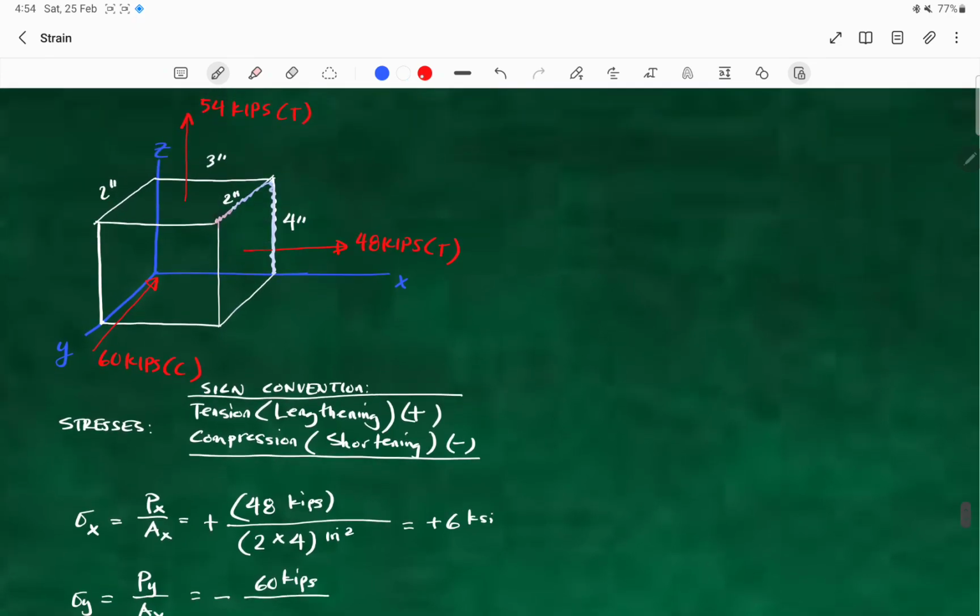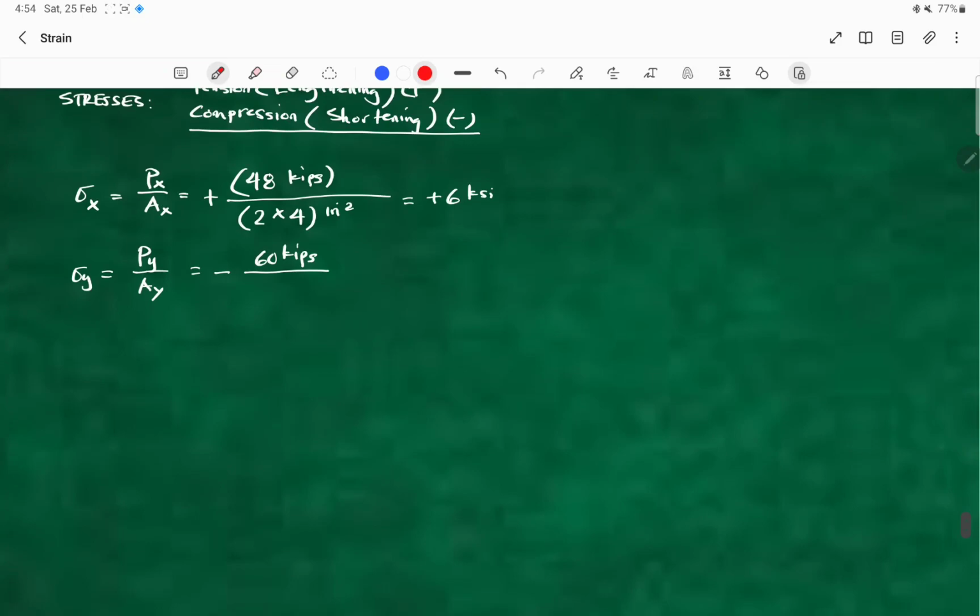So, yung cross-sectional area dito along y is we have this, which is 3 inch. Diba? 3 inch yan. And ito, this is 4 inch. So we have 3 by 4. This is inches squared. So yung sagot nito is negative 5 KSI.